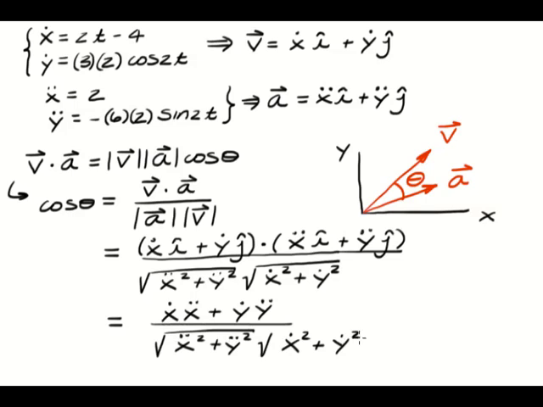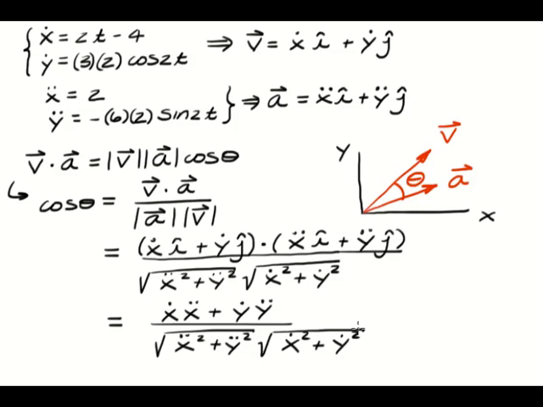So in order to complete this, we need to put in the value of t into the expressions for x dot, y dot, x double dot, y double dot, plug those into that expression, and then take the inverse cosine of that, and that gives us the angle that we need between v and a.